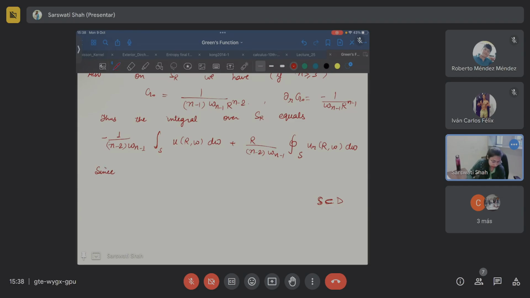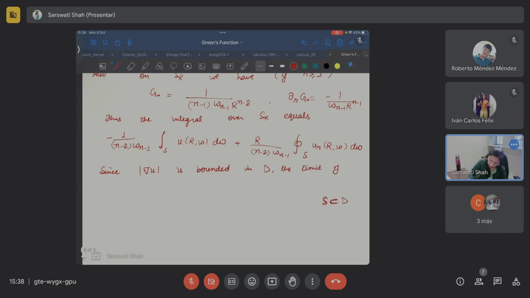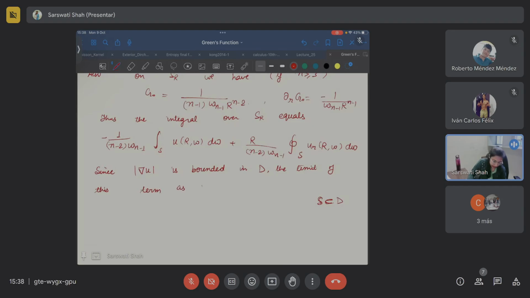Since the modulus value of the gradient of u is bounded in D, the limit of this term as r tends to 0 is minus u of 0. Now consider the integral over D_R.